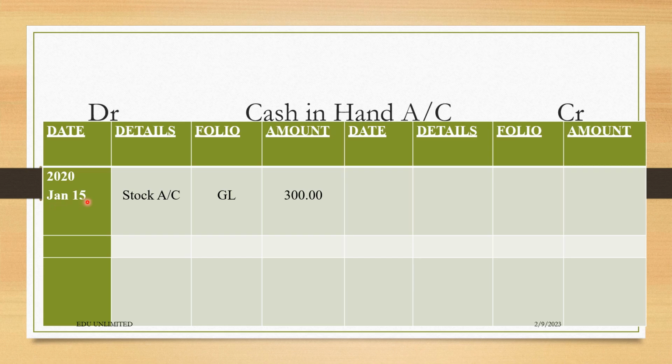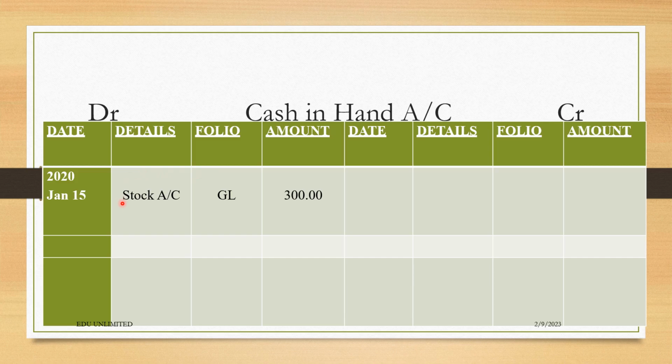On January 15, on the debit side, we put stock account because the stock account is the account that was sold for us to get that $300 in cash. So the folio would be GL because the stock account is in the general ledger and the amount being $300.